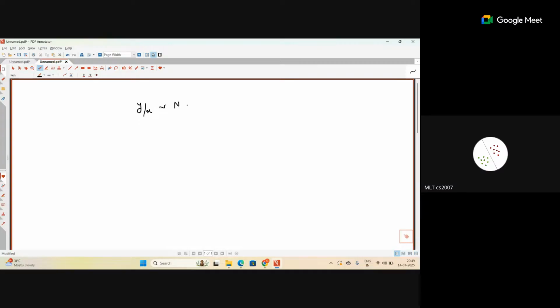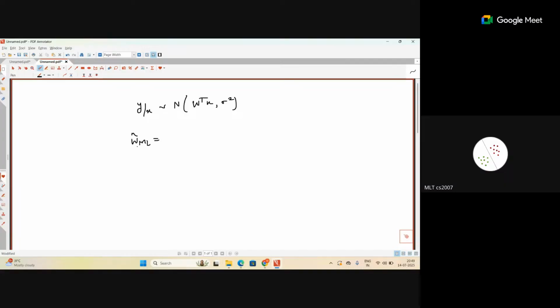W transpose x, and variance is sigma square.